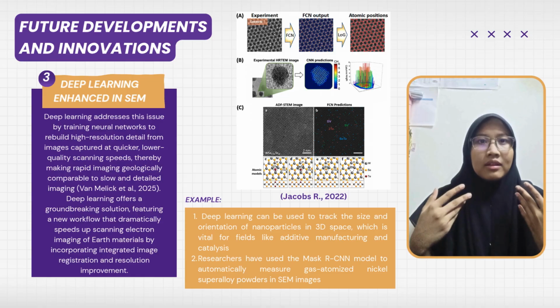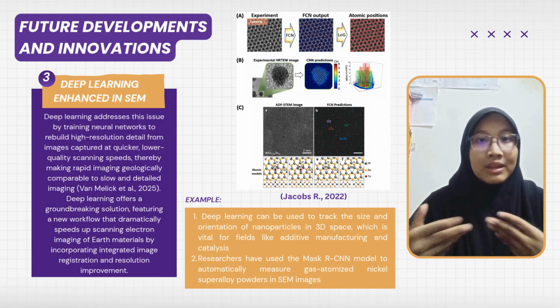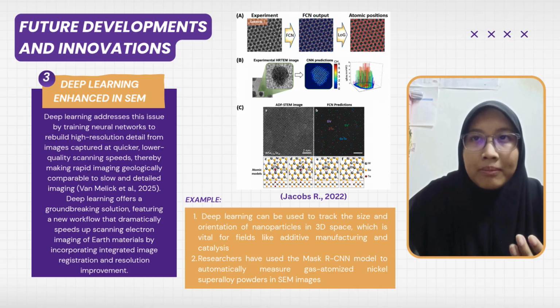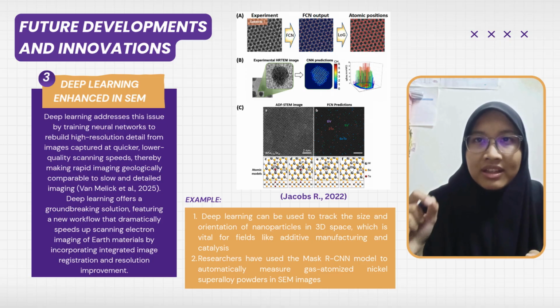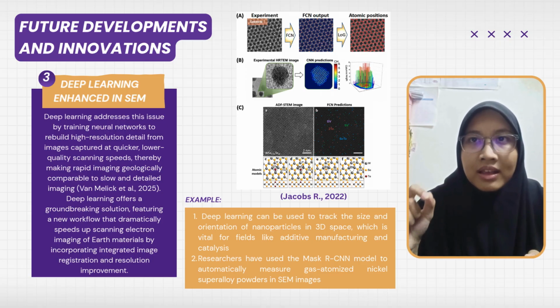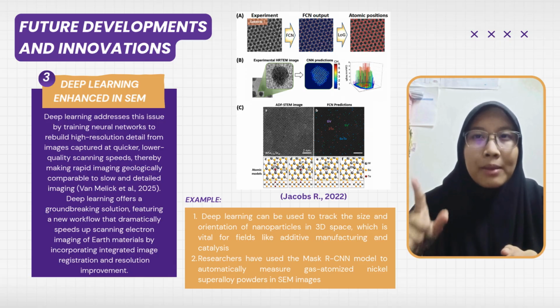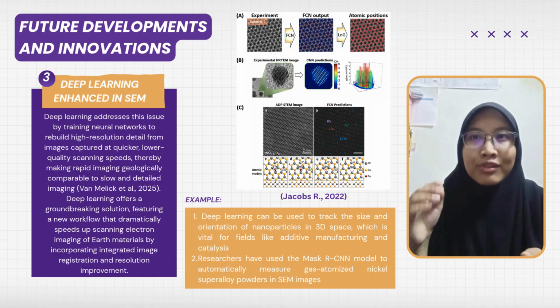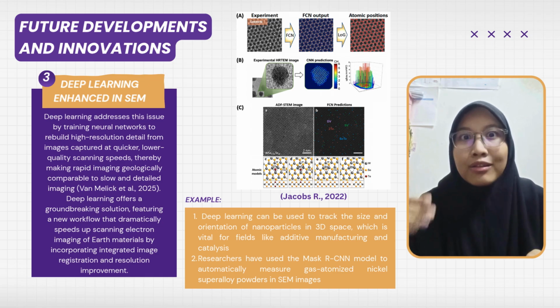And in order to overcome this, researchers have used deep learning. So, deep learning addresses this issue by training neural networks to rebuild high-resolution detail from images captured at quicker, lower quality scanning speeds, thereby making rapid imaging comparable to slow detailed imaging that would actually take years to complete.